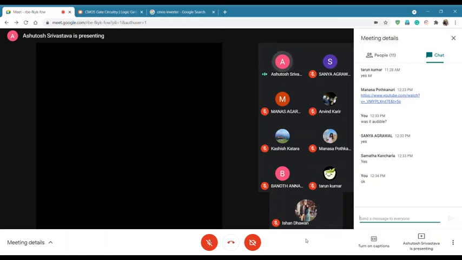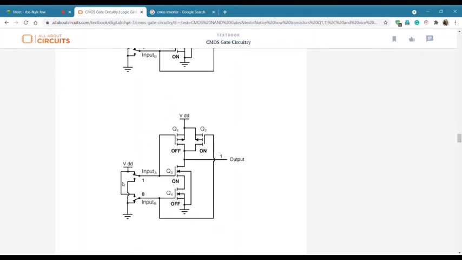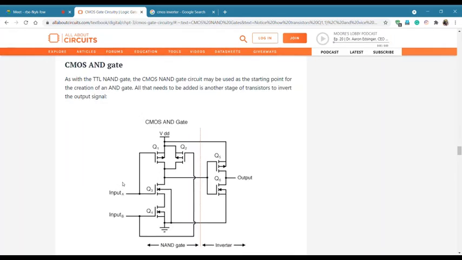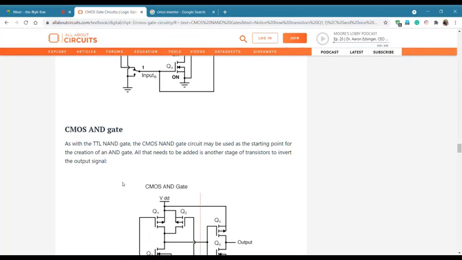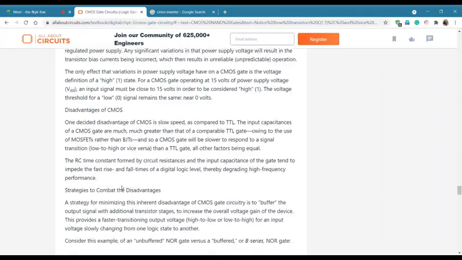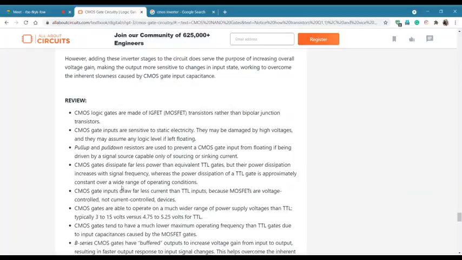Even XOR, there is a revised version of using the PMOS and NMOS in a manner to get an XOR gate.